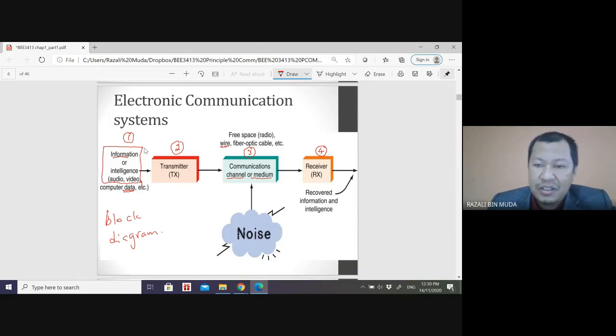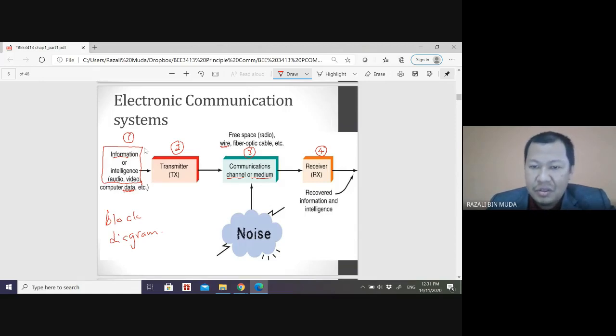Okay, number 4 is the receiver, RX, the receiving part. The function of the receiver is to receive the information from the transmitter through the channel.